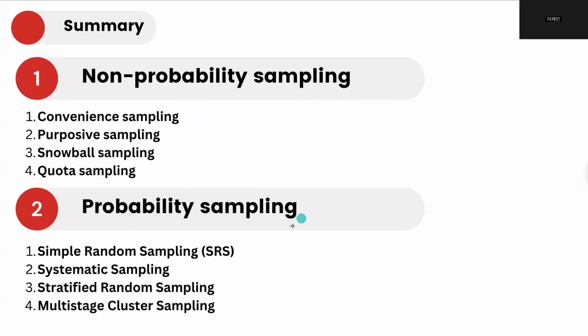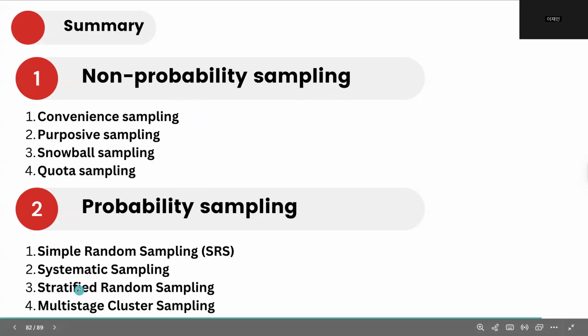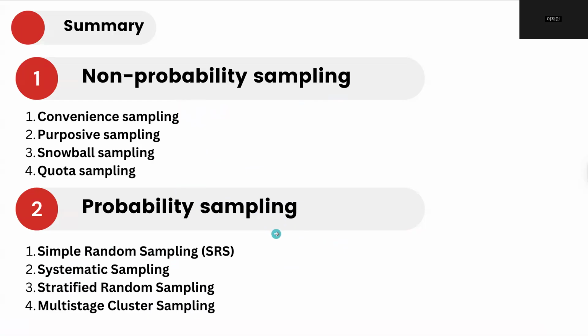Probability sampling has random selection, including simple random sampling, systematic sampling, stratified random sampling, and multi-stage sampling. These are all relatively more complex and more representative than non-probability sampling, but there is no single perfect method for each and every case.